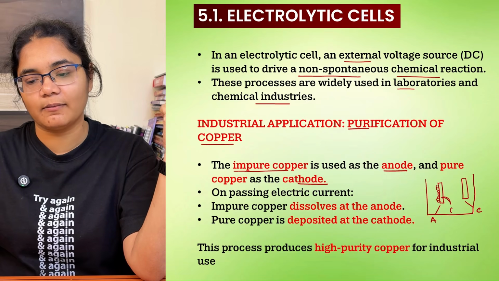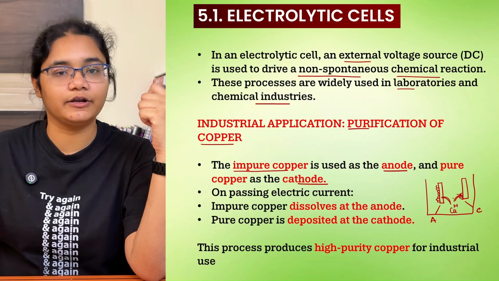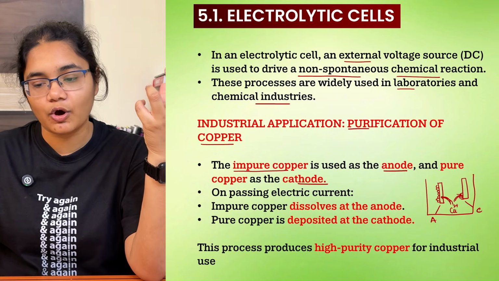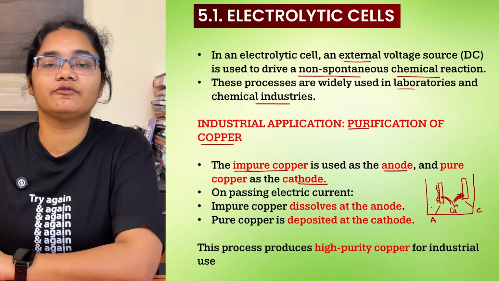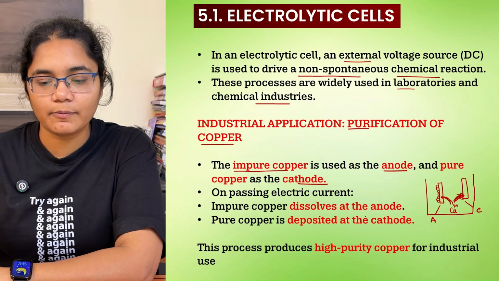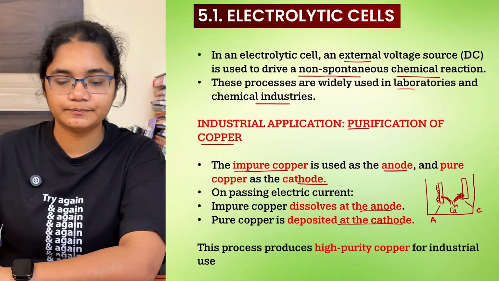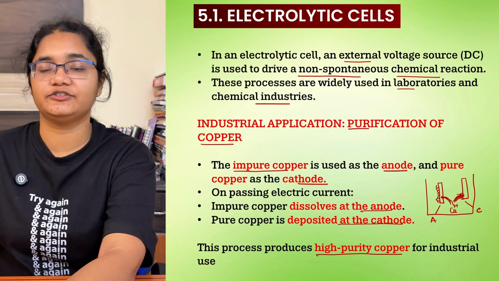Copper 2 plus will come out from here and then go and deposit here, right? It will get reduced here. So all the pure copper from this impure rod will come out and get deposited here, and finally the purification of copper takes place. So impure copper dissolves at the anode and gets deposited at the cathode. This process produces high purity copper for industrial use.